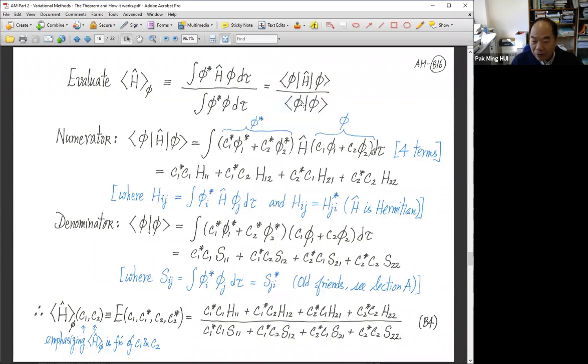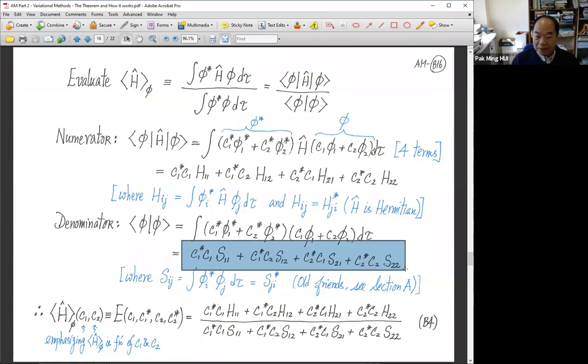You can do similar things, right? By definition, trial wave function star, trial wave function, integral. Now, dear friends, we met phi1 star phi1 integration, our old friend S11. Get me? So in the same way, there are also 4 terms as listed here.